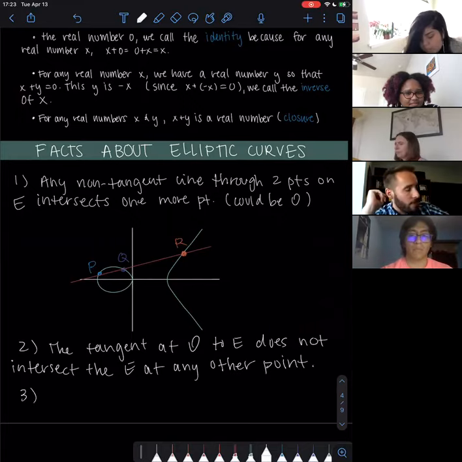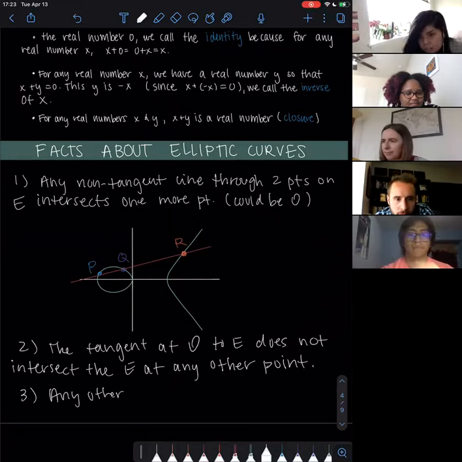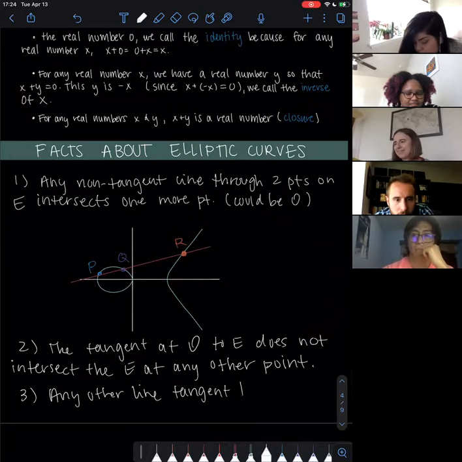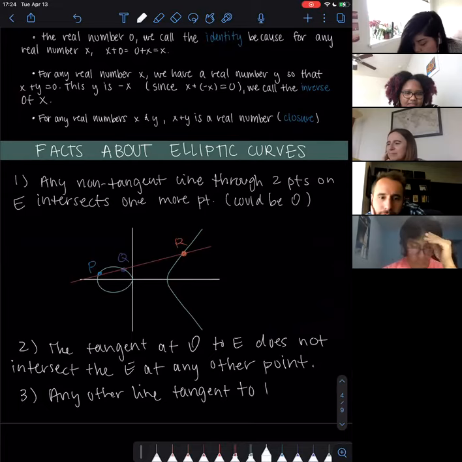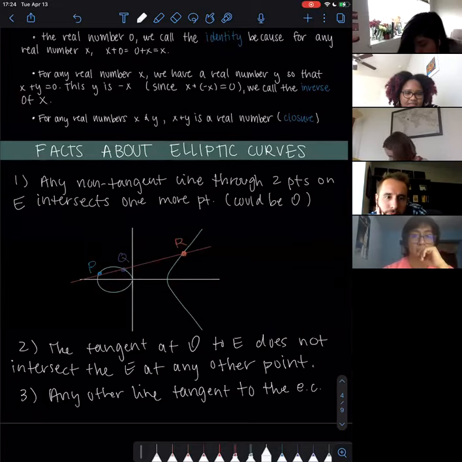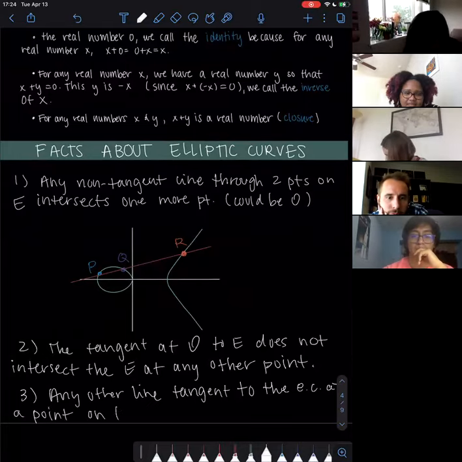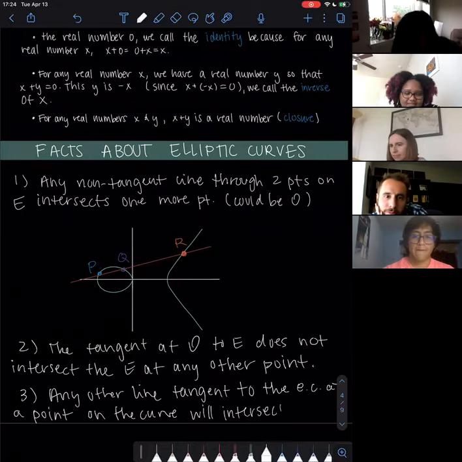And then the last thing that we have is that any other line tangent to the elliptic curve at a point on the curve will intersect the curve at exactly one other point.